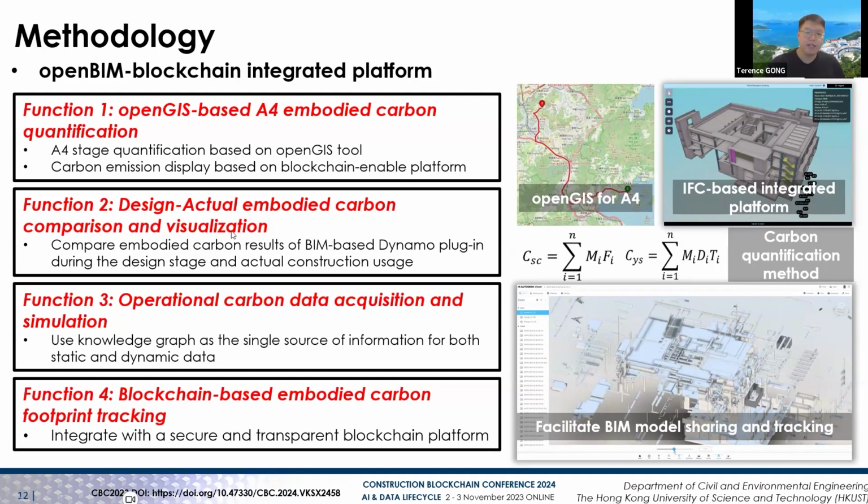Also we have the design and actual embodied carbon comparison and visualization, where we compare the BIM-based carbon emissions with the actual carbon emissions provided by the construction site, like those from the supply chain and from the site itself. We can use this part to make carbon-related management more friendly and the data more accurate.